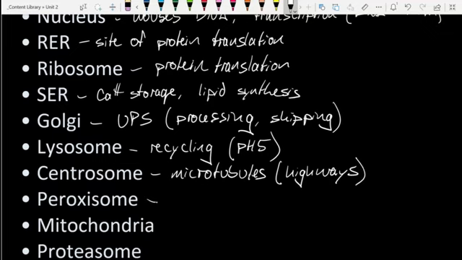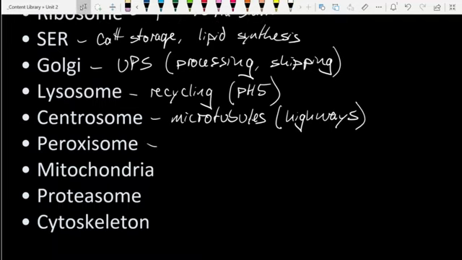The smooth ER, we talked about calcium storage and lipid synthesis. The Golgi, this is kind of like the UPS warehouse, right, where we've got processing and shipping. The lysosome, this is all about recycling. It's got a low pH to do that.